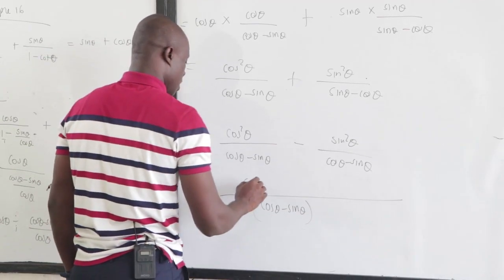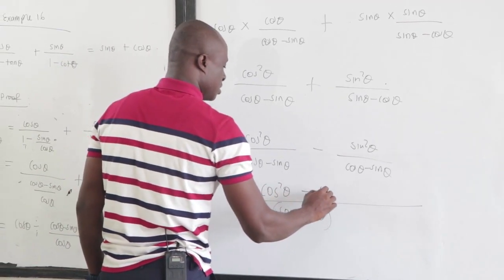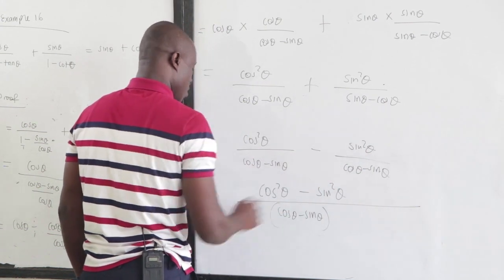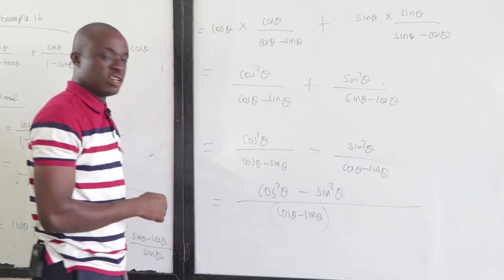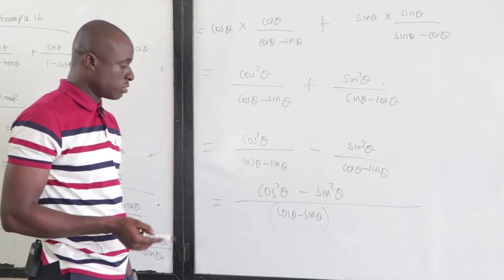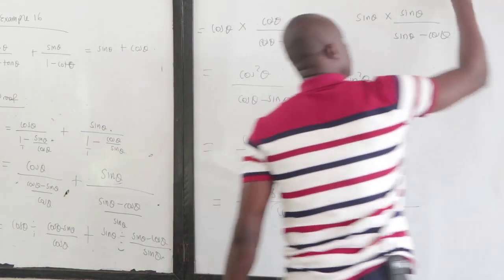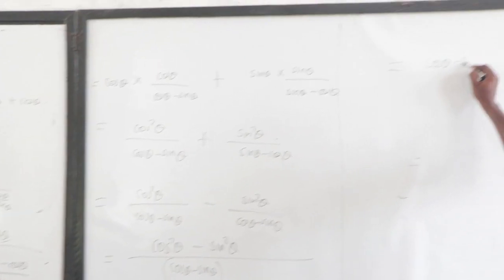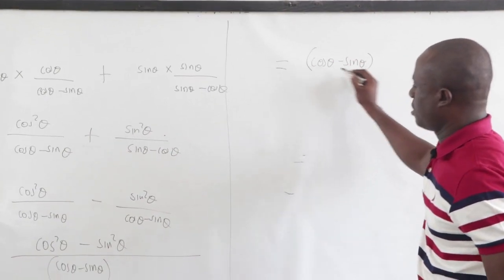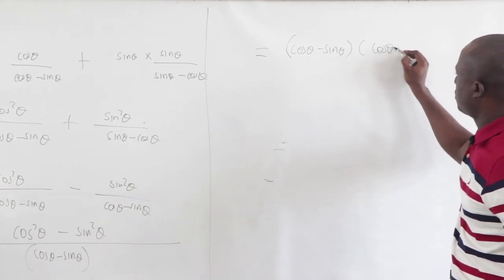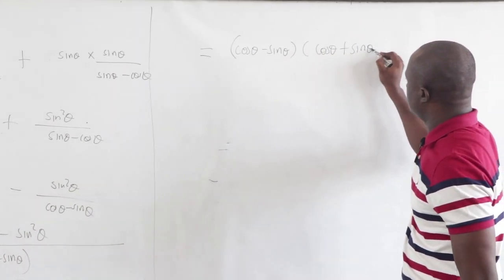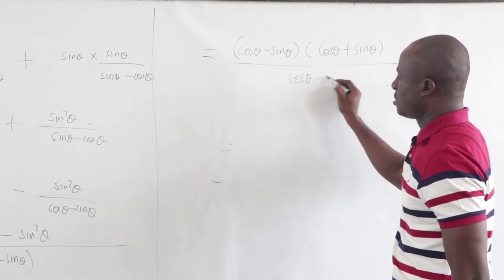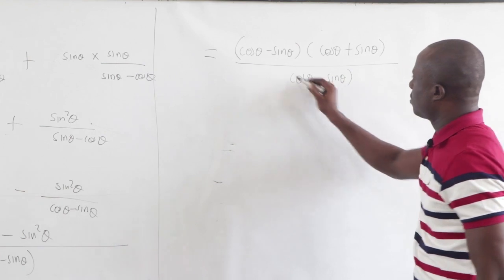Clearly, this will cancel out this. So what do you have at the numerator? Cos squared theta minus sine squared theta, because this one will cancel this, and then we are left with that. Now the numerator is a difference of two squares. So this is just the same as cos theta minus sine theta, and then we have cos theta plus sine theta all over cos theta minus sine theta.